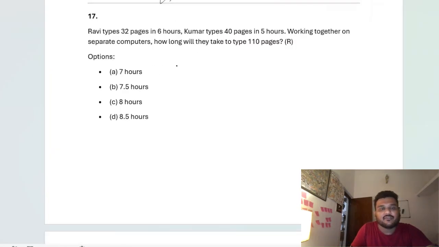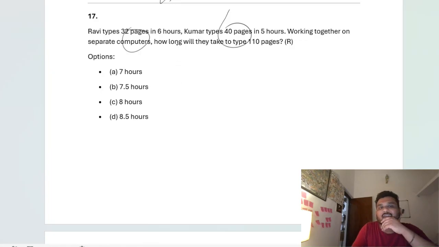Three more questions left. Ravi types 32 pages in 6 hours. Kumar types 40 pages in 5 hours. So this time the work is also different. Working together on separate computers, how long will they take to type 110 pages?